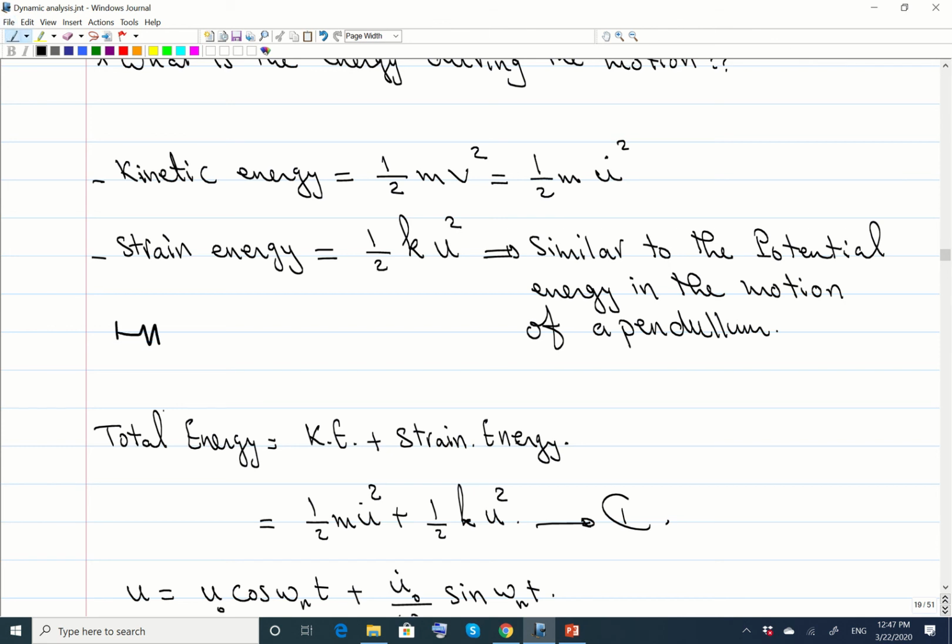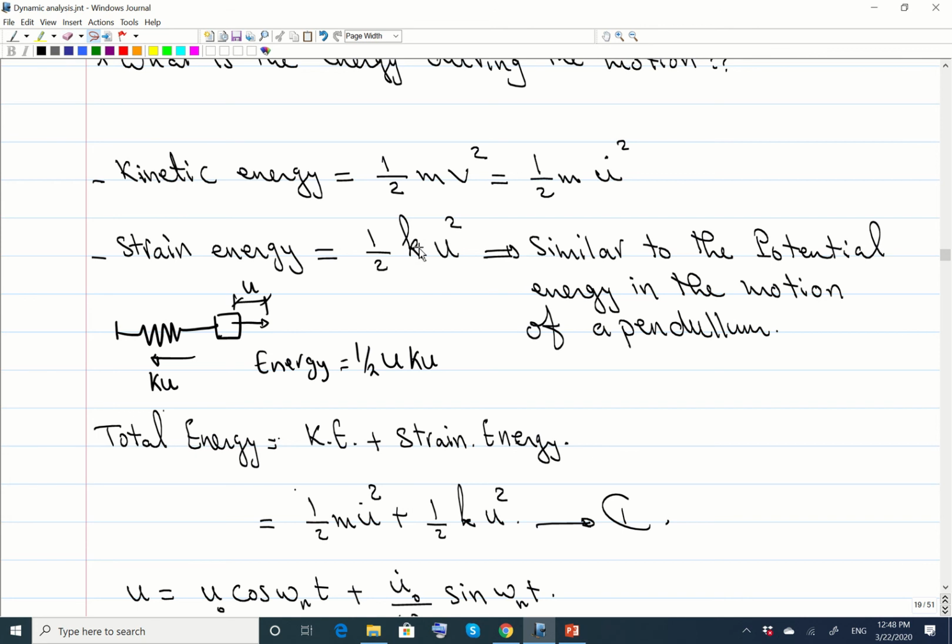You have this spring, you apply a force P. So there is another force here in the spring that is equal to Ku. This moves a distance u. So the energy is equal to 1/2 the displacement multiplied by the force Ku. So the energy here is going to be 1/2.